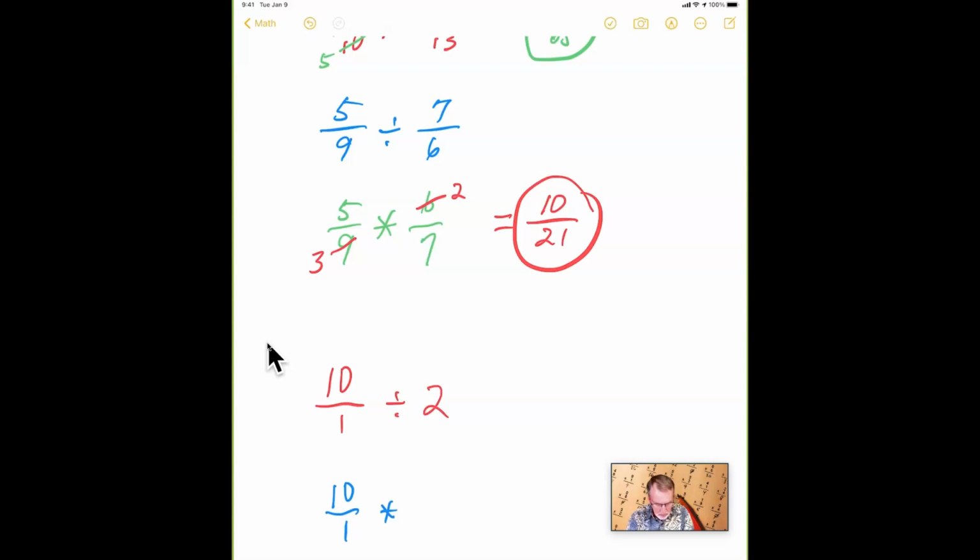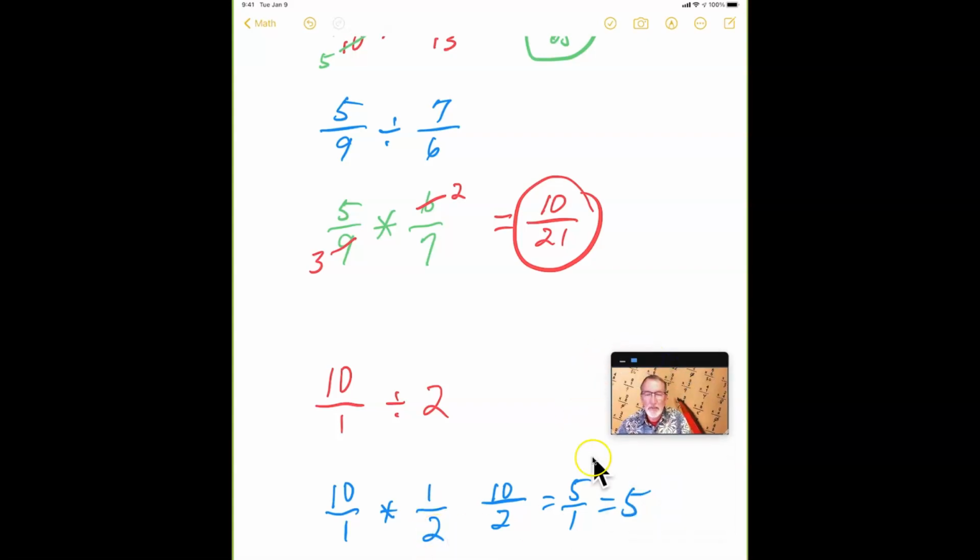This is 2/1, so the inverse is 1/2. Do you see where I'm going with this? 10 times 1 is 10. 1 times 2 is 2. 10 divided by 2 gives us 5/1, which is 5. So when you say 10 divided by 2, it's the same as saying 10 multiplied by 2's inverse, which is 1/2. And we can see the answer, the reveal.